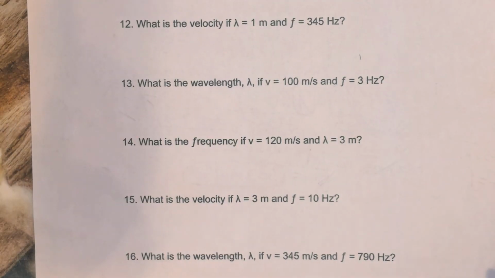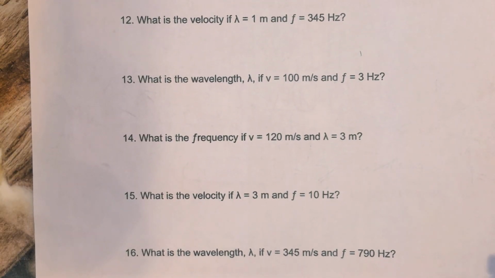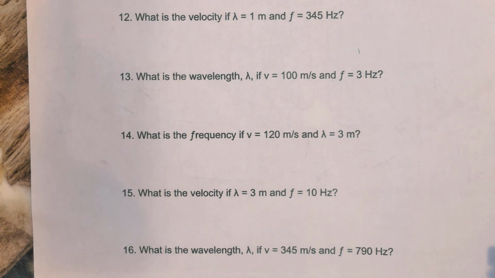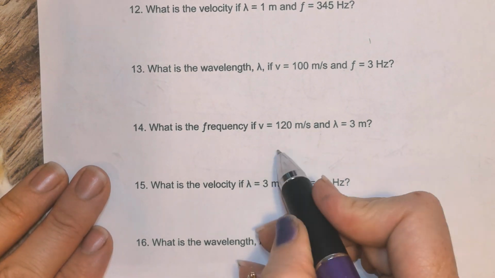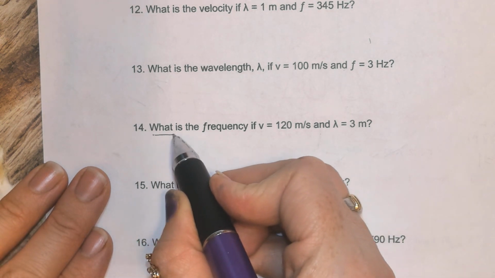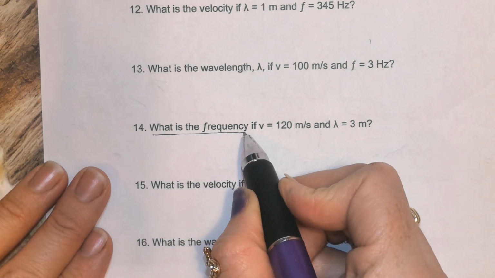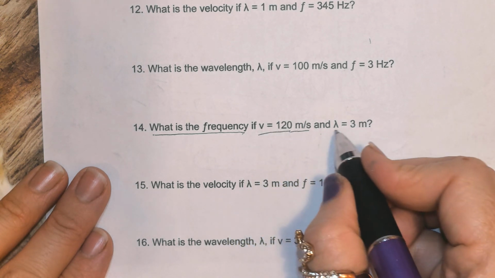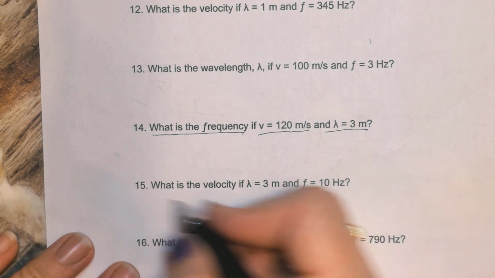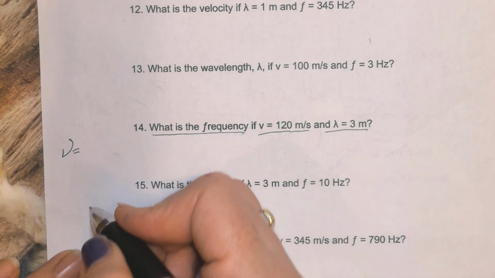Take a look at the back of the page. Let's pick one and do it together. How about number 14? It asks you to find the frequency if the velocity of the wave is 120 meters per second and the wavelength is 3 meters. Okay, start with your equation.